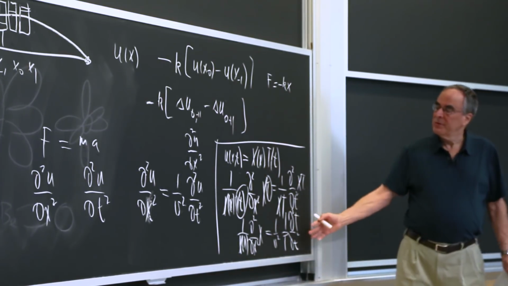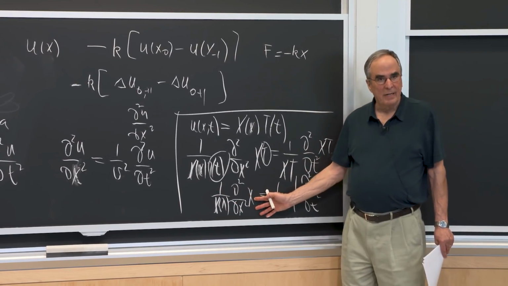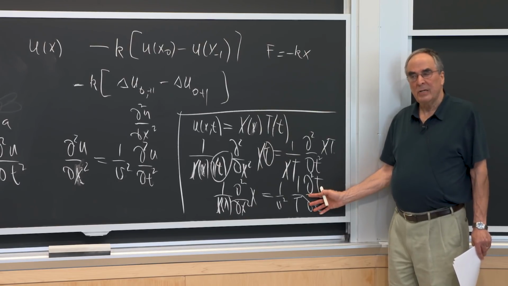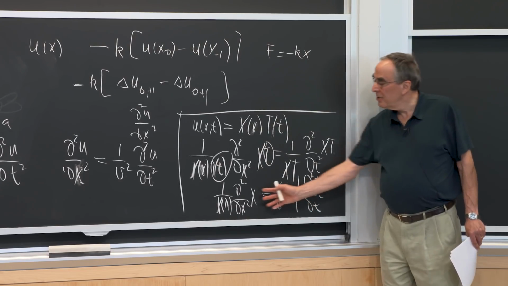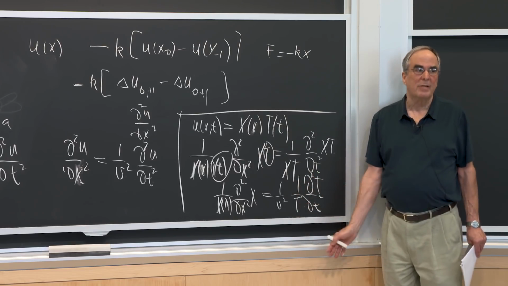Okay? So this is interesting. We have a function of x on this side and a function of t on this side. They're independent variables. This can only be true if both sides are equal to the same constant.